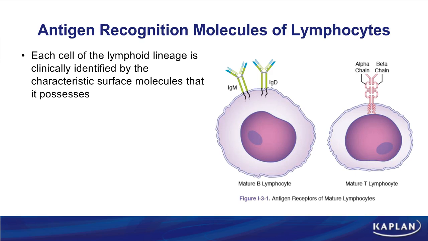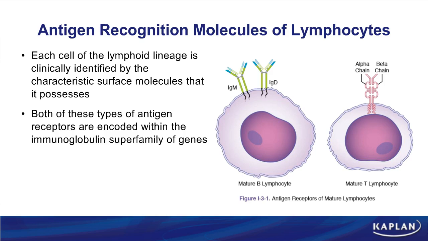The B cell expresses two receptors, one that's IgM and one that's IgD, and we'll talk about the difference between those and the similarities in just a moment. The T cell receptors are alpha, beta T cell receptors, at least for about 90% of the T cell receptors, and we'll talk about that in just a minute as well.